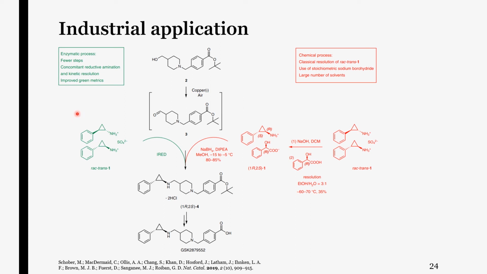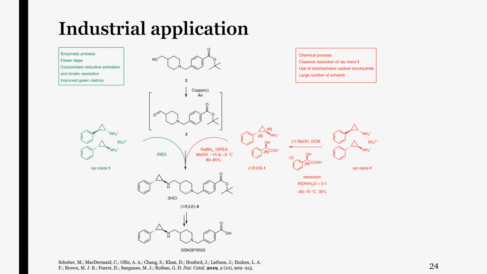So they had fewer steps, they had the kinetic resolution, and also an improved green chemical approach compared to the chemical one, where they used a stoichiometric amount of sodium borohydride, which is not so great for the environment, as well as a large number of solvents.